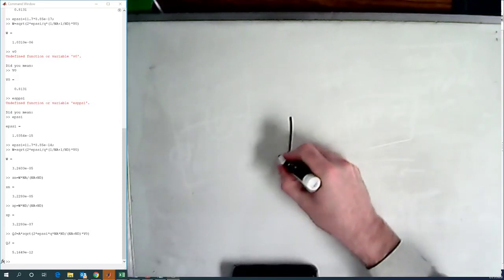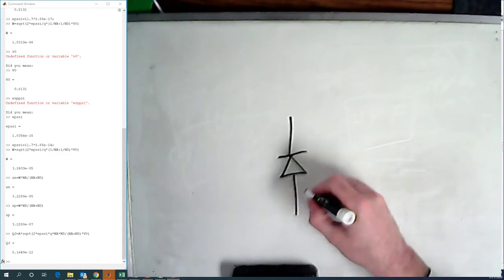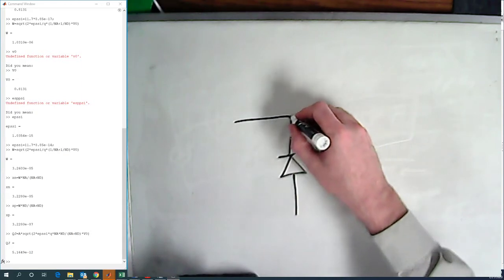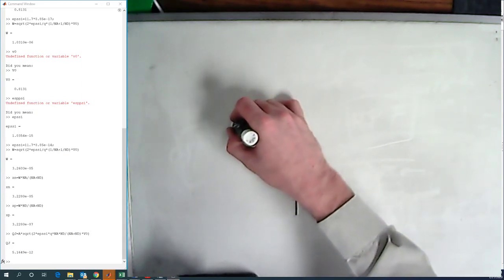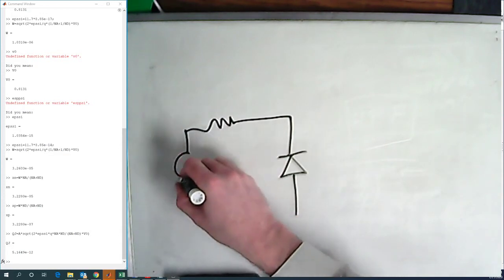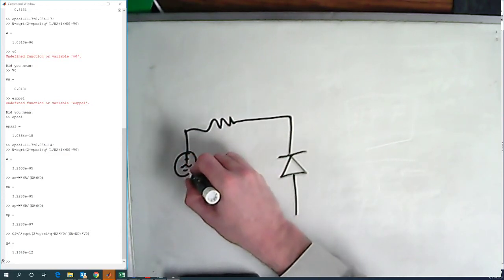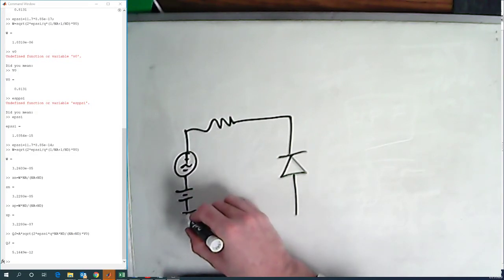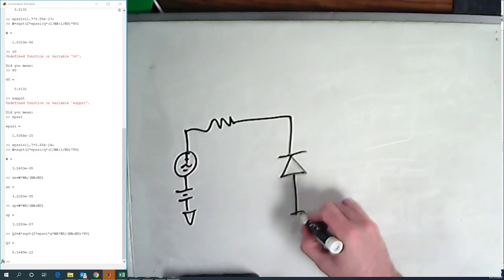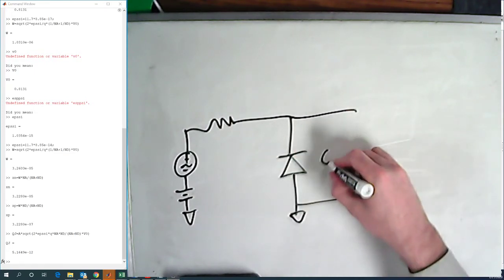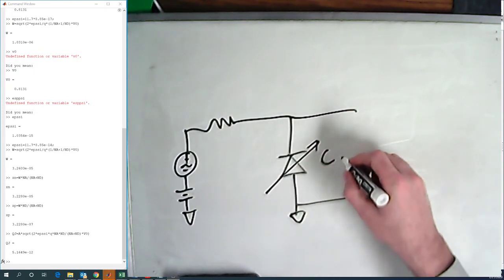Some people, this is the varactor diode that we caught on the very end of that chapter. We could put this here, have an AC signal, have a DC source. It comes through here. And now we have a variable capacitor.